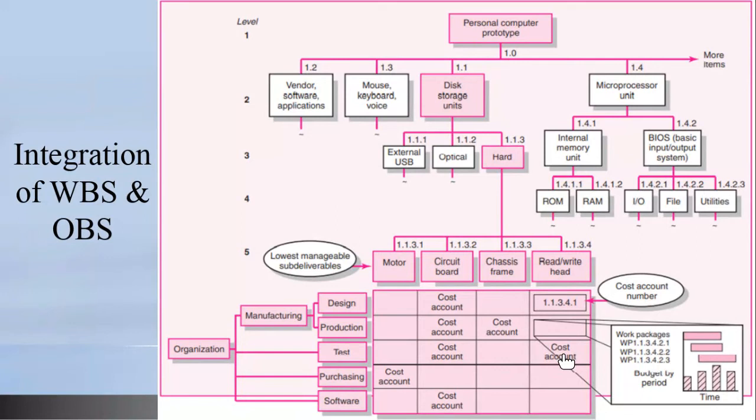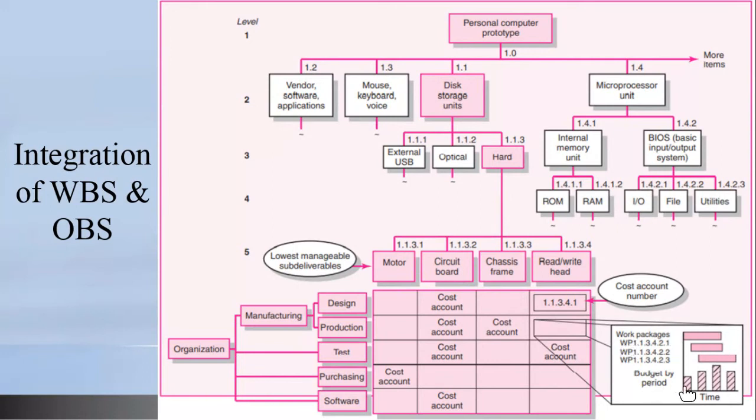So for us to integrate, for us to determine who has responsibility for what on the project, for each work package, we need to do this, at the far bottom right of the screen. In this case, we are saying production has responsibility for these 3 work packages.